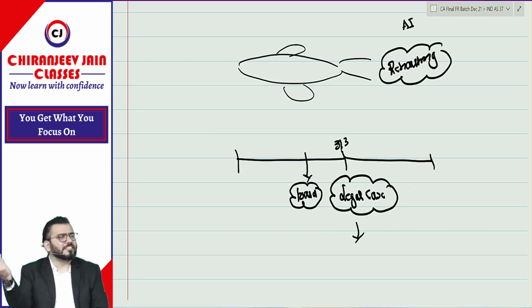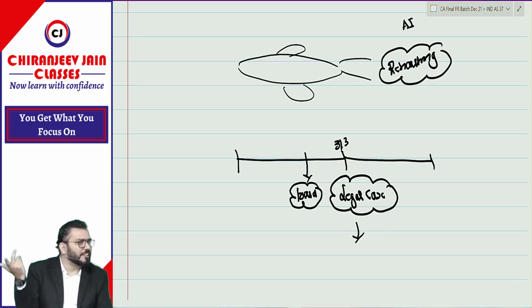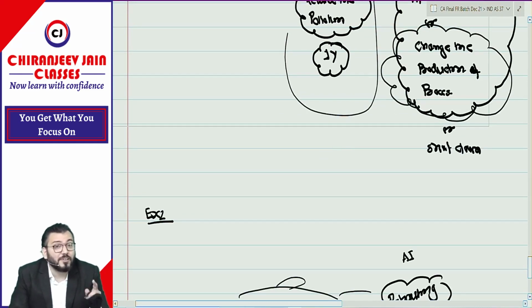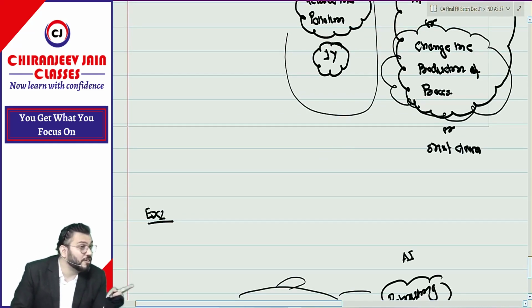You can take any example. Ask me any example, I will give you the answer. But in the earlier example, the obligation was dependent on future conduct of business, therefore outflow is not probable.